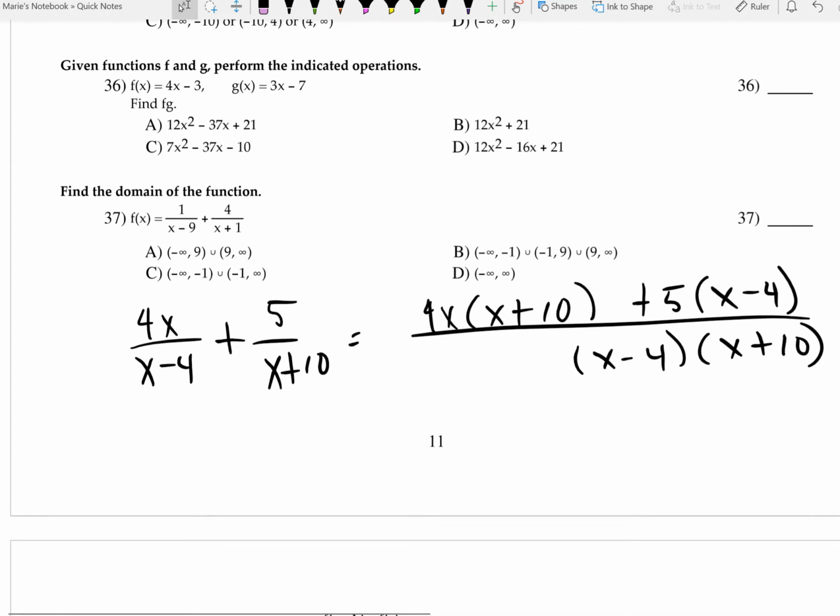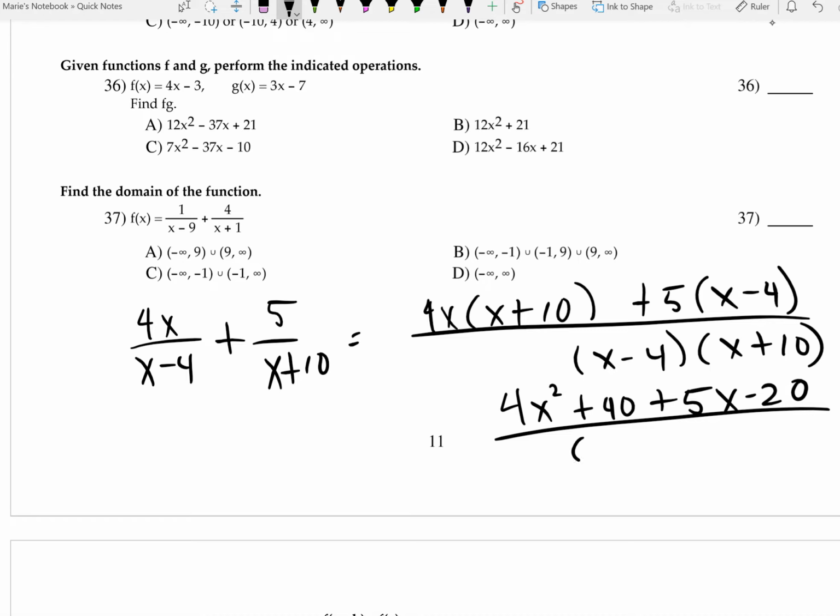And so a little bit of math, you get 4x squared plus 40 plus 5x minus 20, and all of this over the denominator x minus 4 and x plus 10.